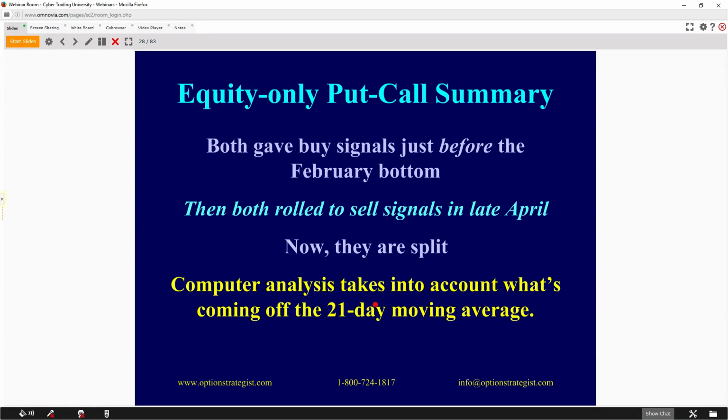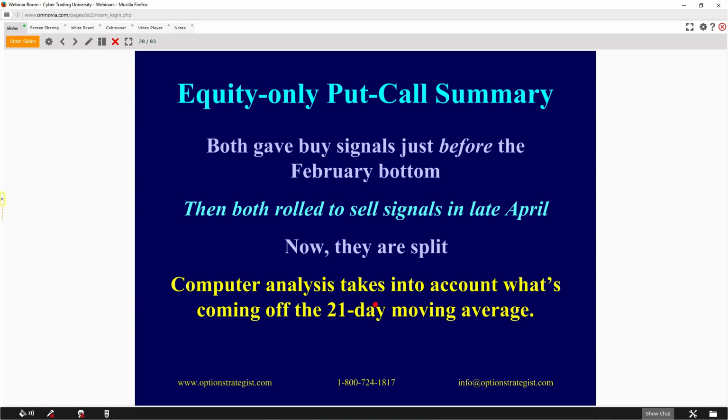Now I mentioned that it looked like it was beginning to roll over, but we can't say for sure. This type of approach using a 21-day moving average is amenable to computer programs that work like chess tree programs.